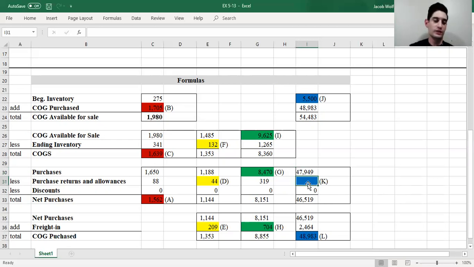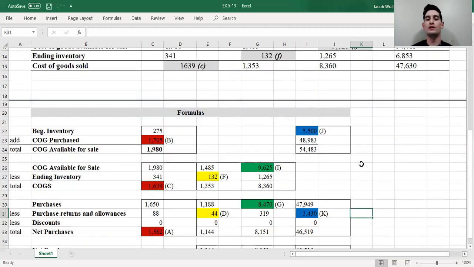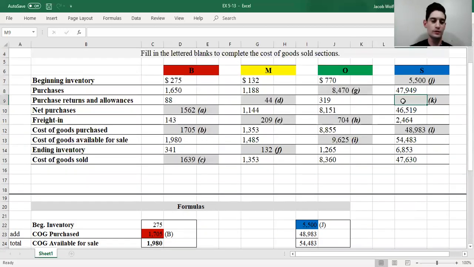The difference is 1,430. Again, it comes up negative, but that difference is what we're looking for. We can try that out: 47,949 subtracted by 1,430 gets us that 46,519. So our last value, K, is 1,430.